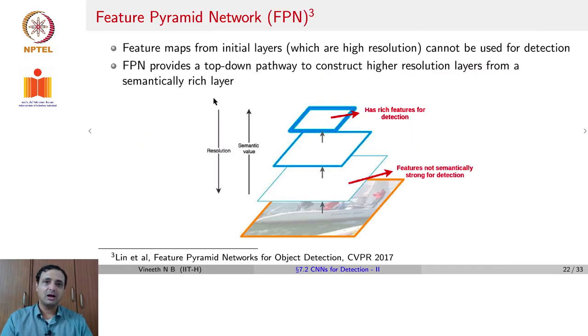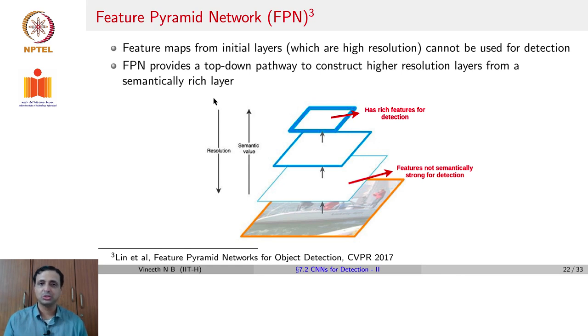A third single stage detector approach is known as the feature pyramid network, or FPN. FPN uses the idea that feature maps from initial layers may not really be suitable for detection. They are high resolution.